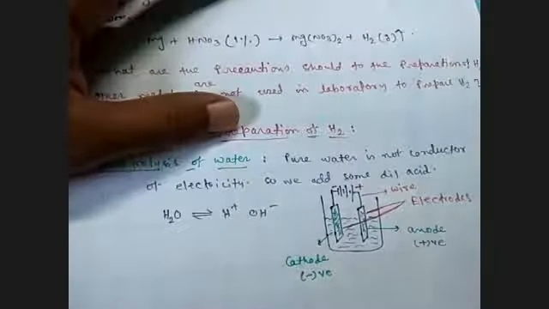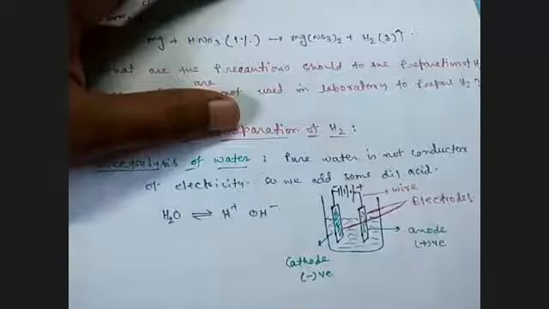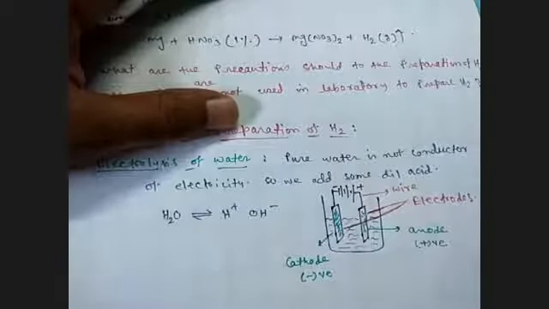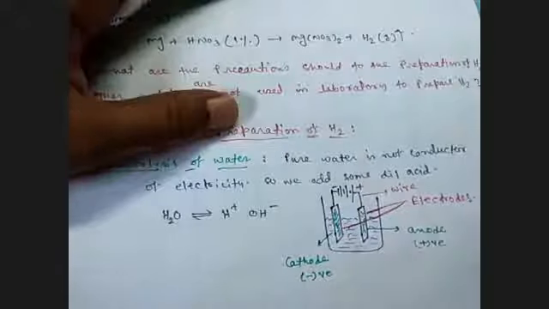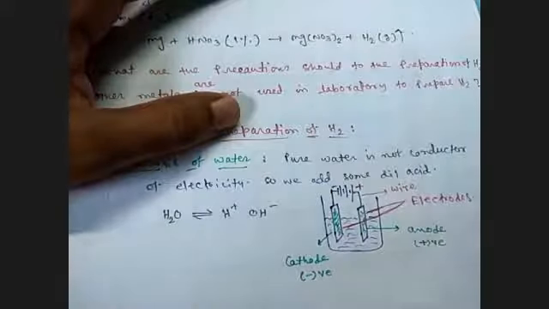Sir, anode. Why? Sir, because cathode is negatively charged and H plus is positively charged, so it will attract.